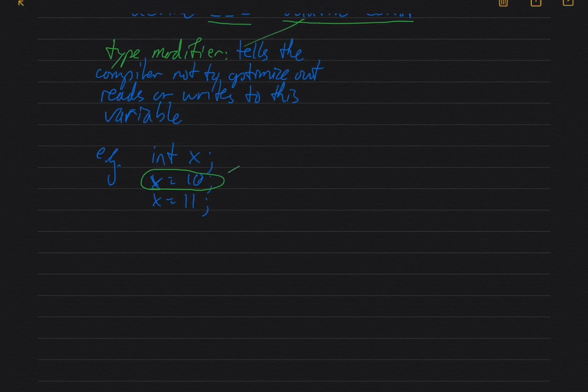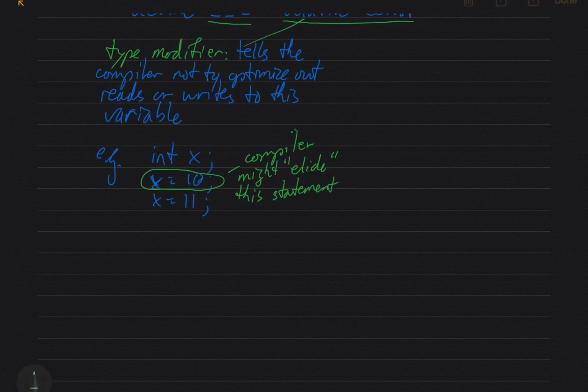So in this case, the compiler might elide, means taking something out, this statement. So there's numerous optimizations that compilers do, and this is one of them.